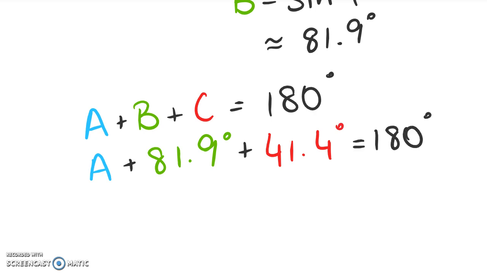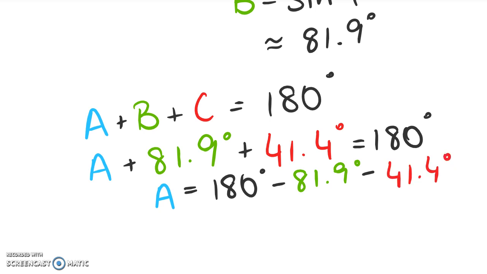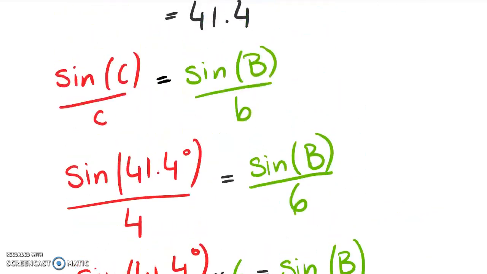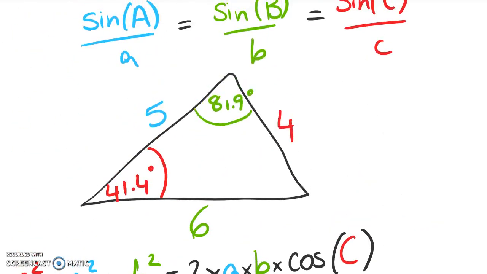So let's just subtract angle B and angle C from 180 and we should get A. So A equals 180 degrees, take away 81.9 degrees, take away 41.4 degrees, and we find that angle A has to equal 56.7 degrees. Let's plug that back into our diagram. There we go. And we finished the question.